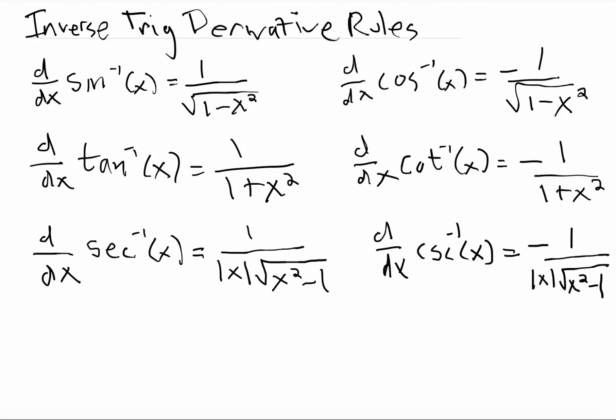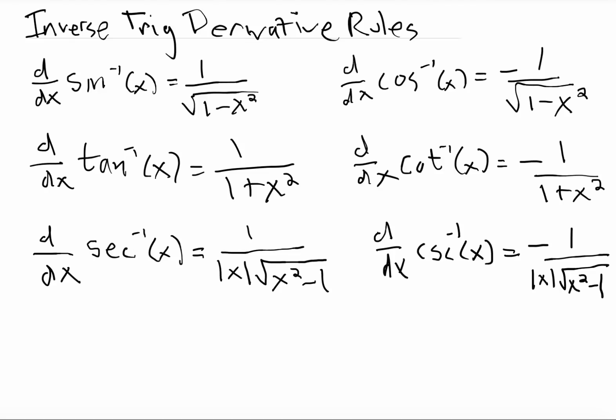Okay, so my sine, tangent, and secant inverse trig rules, once you memorize these guys, if you remember the pairing and the fact that it should be negative, you get the other rules for free.